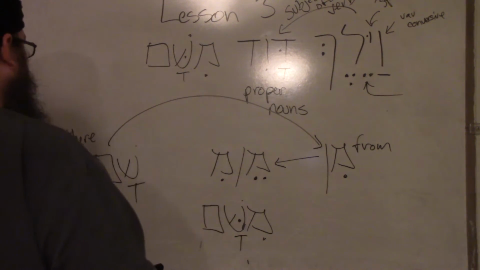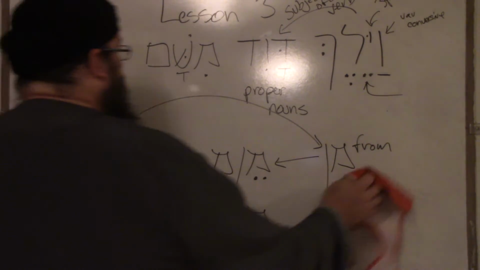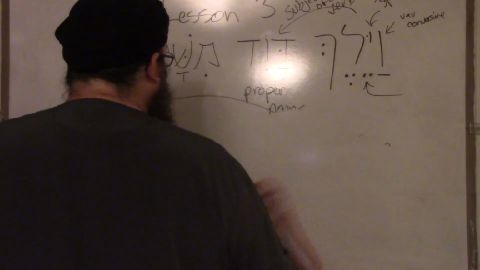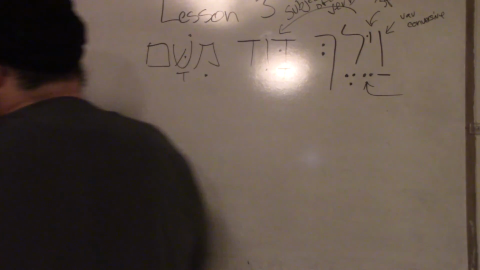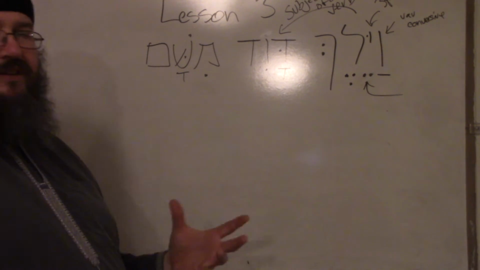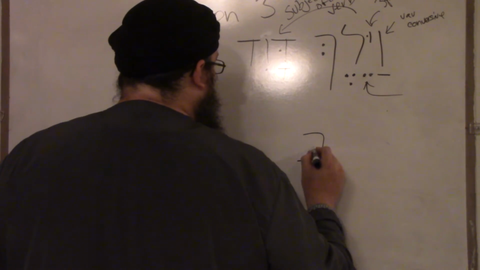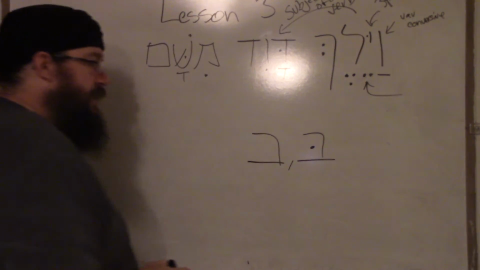Okay? So what is a dagesh forte? All right? A dagesh forte is a dagesh that literally changes the sound of a word in which it is placed. And there's only a few of these that actually take place. Okay? We have, for example, bet. Bet, if I take away the dagesh, is a V sound.